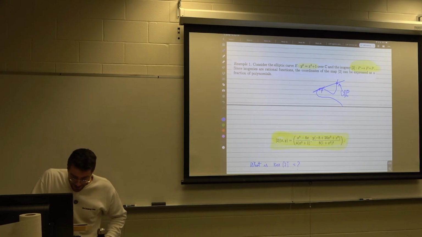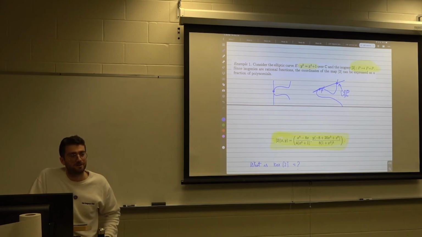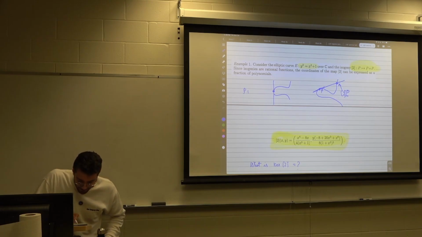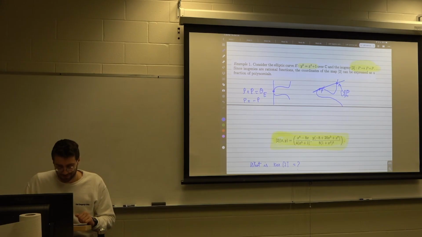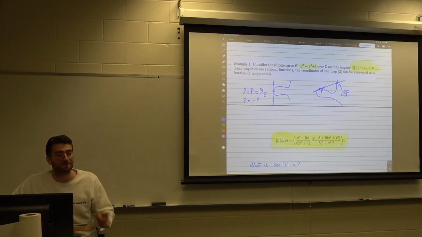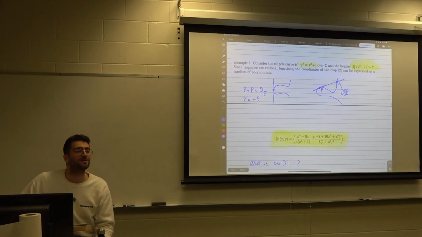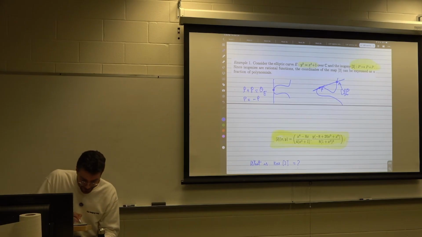Of course, you have cases where, let's say it looks like this, and then this is P. Then this P plus P would be the point at infinity. So if P plus P is equal to the point at infinity, this tells us that P equals minus itself. Does that make sense? Yeah, that was actually a very good question. P plus P is 2P. We have to take the projection.